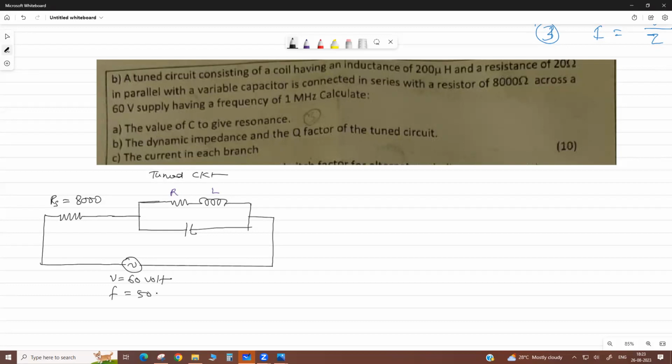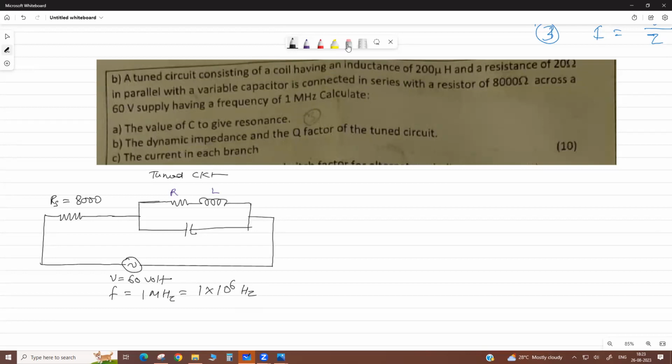No, the operating frequency is 1 megahertz. 1 megahertz means 1 into 10 raised to power 6 hertz. This is the frequency.